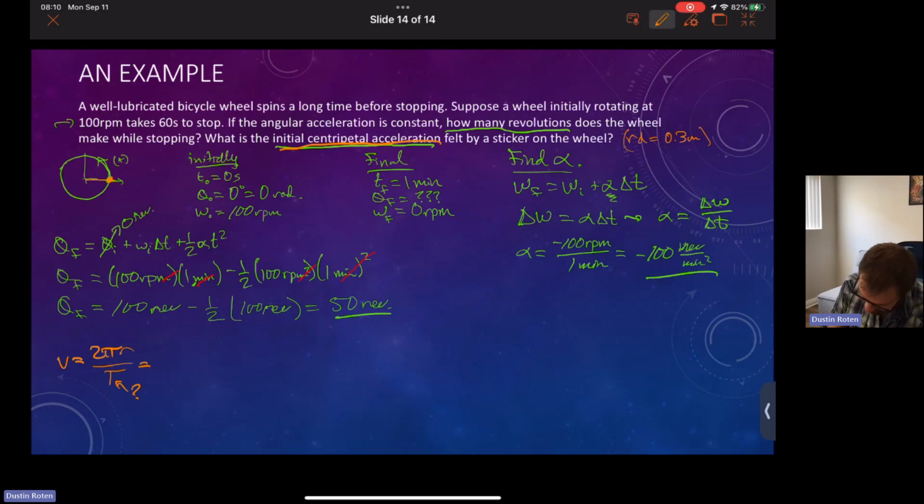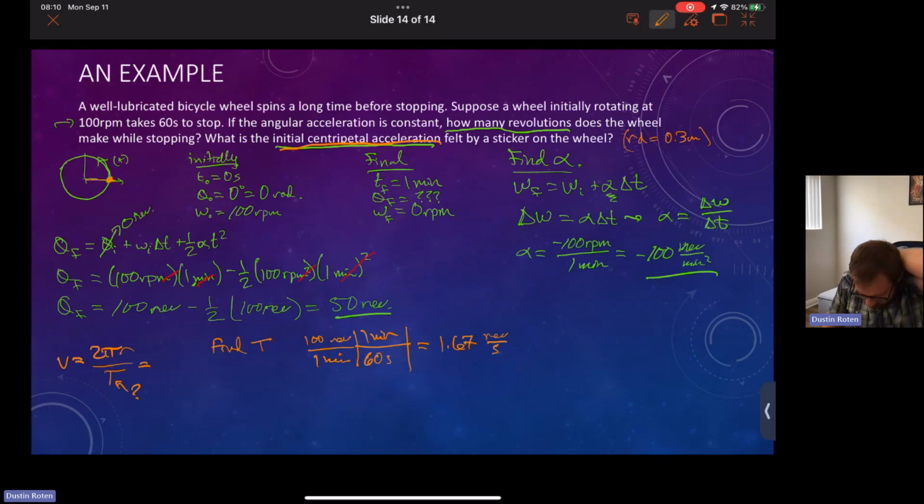Well, to find T, and this is the period, we can say there's 100 revolutions in 1 minute, because that's just given in the problem, 100 RPMs. Well, that's 1 minute. Here's my conversion factor is 60 seconds. So it's going to be 1.67 revolutions per second.